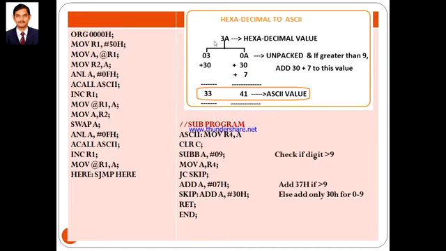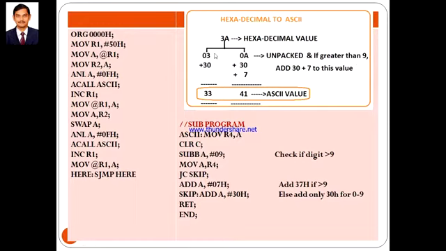Again we are retrieving the original data, that is 3A, from the R2 register, moving it to the accumulator, then swapping the nibbles, and as a result it becomes A3. Then again we are going for masking, and it becomes 03, the unpacked hexa value. Again we are calling the ASCII subroutine to check whether the given data lies between 0 to 9 or is greater than 9.